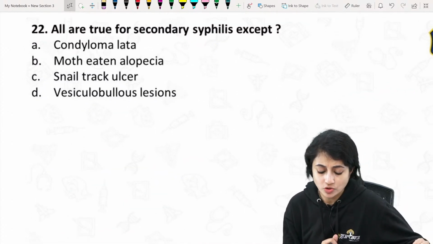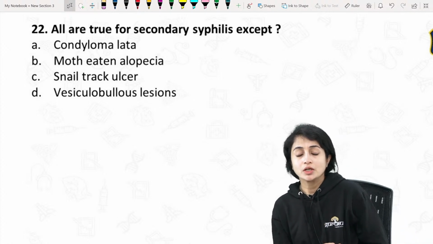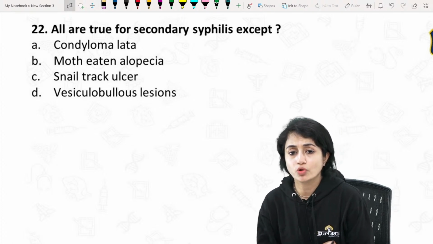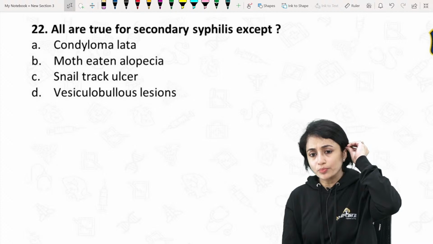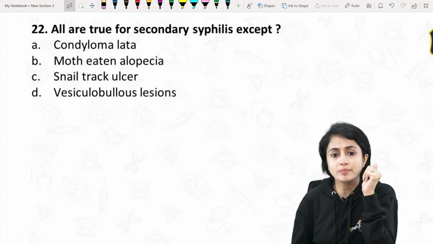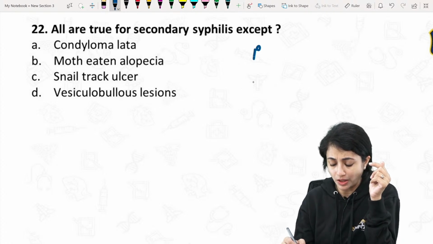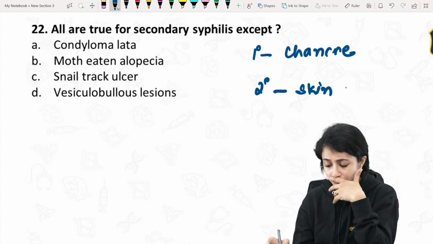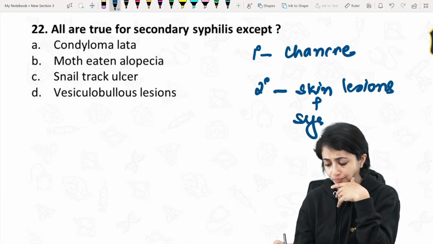Moving on to the next question, all are true for secondary syphilis except. Now syphilis is a very important genital ulcer disease that is asked, and you should know broadly about it. It is caused by Treponema pallidum. Now this syphilis has 3 stages. Primary stage, with chancre, systemic features and a lot of other things.